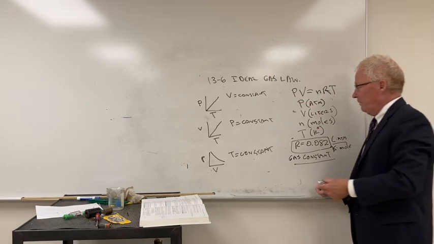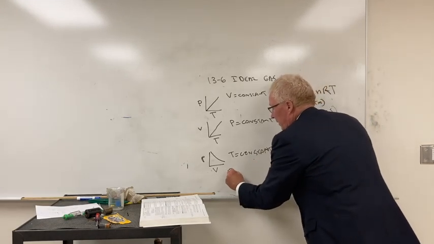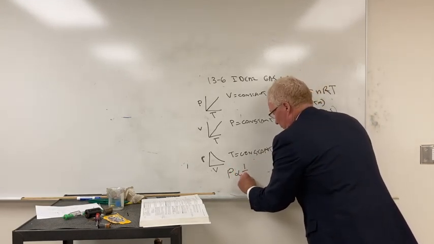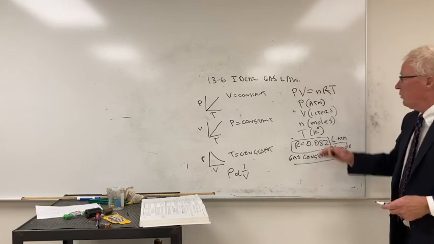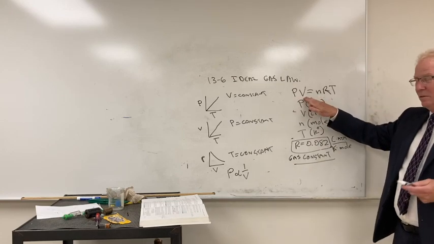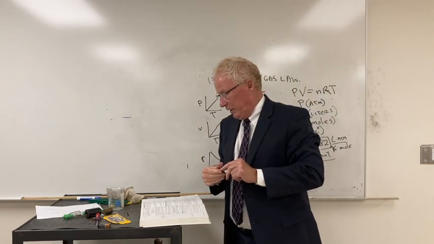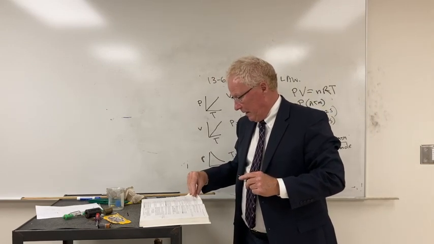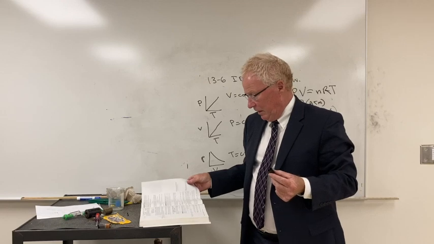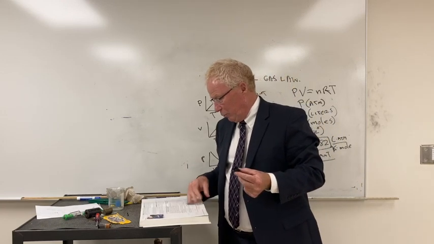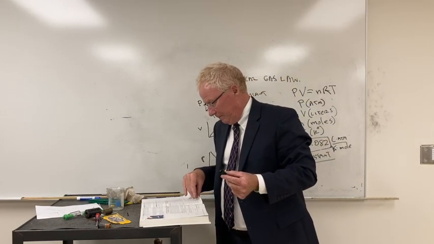So we end up with an inverse relationship, and P is proportional to 1 over V. So if you double the pressure, you're going to cut the volume in half. So these are relationships related to the ideal gas law, and you can do some problems related to that.